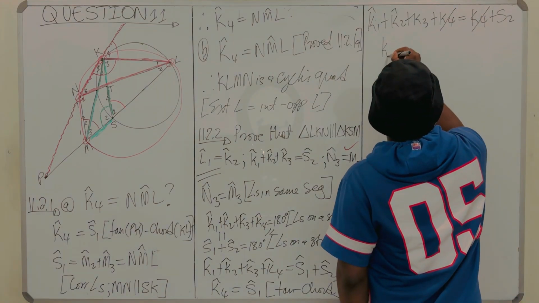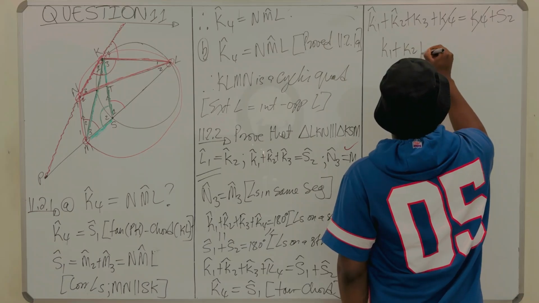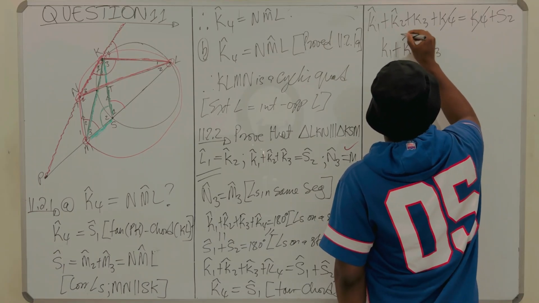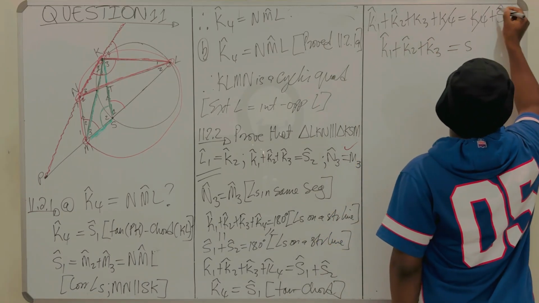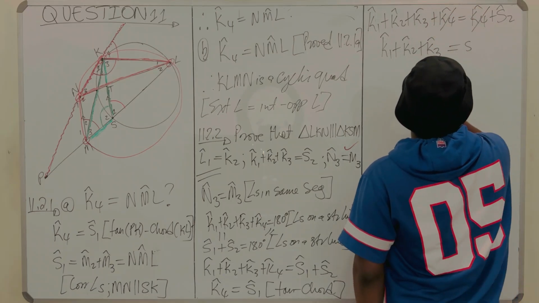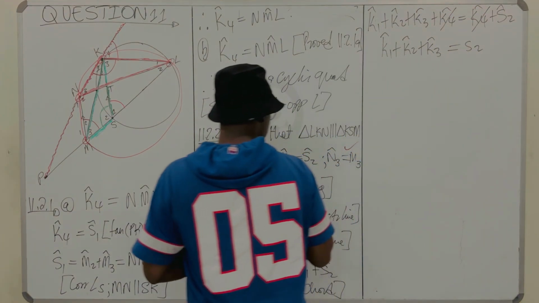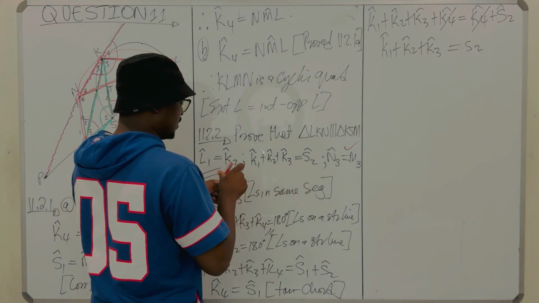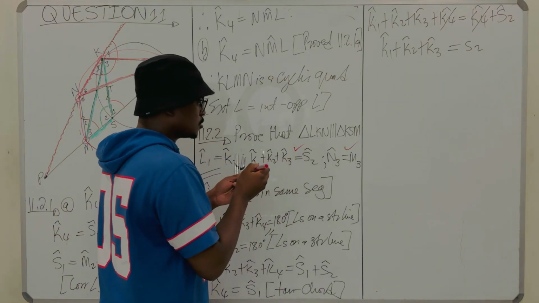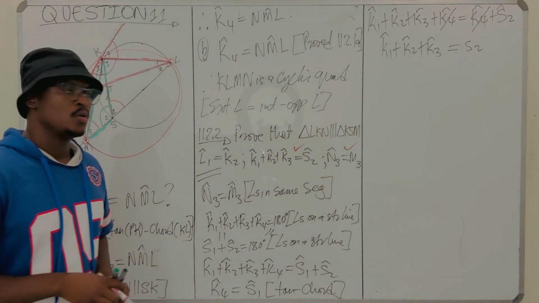And we're left with angle K1 plus angle K2 plus angle K3, these are angles, is equal to angle S2. So we've shown that this angle here is equal to that angle over there. So this is enough. We can stop here.